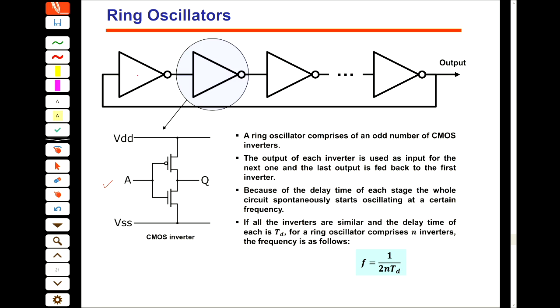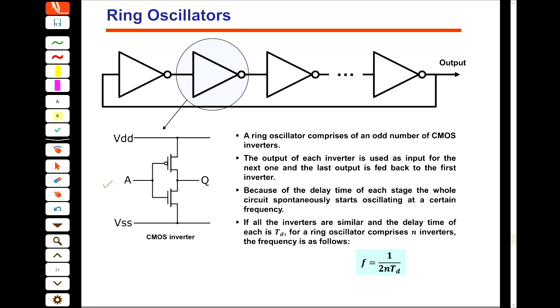And then if we use all of these together, in cascade, and get a feedback from stage number N, and feed it again to stage number 1, then we can make an oscillator. What is the frequency?